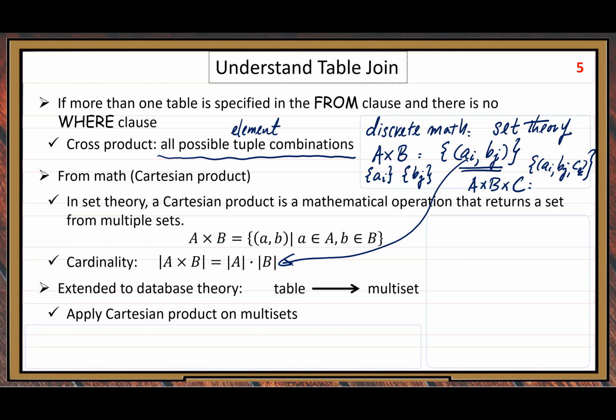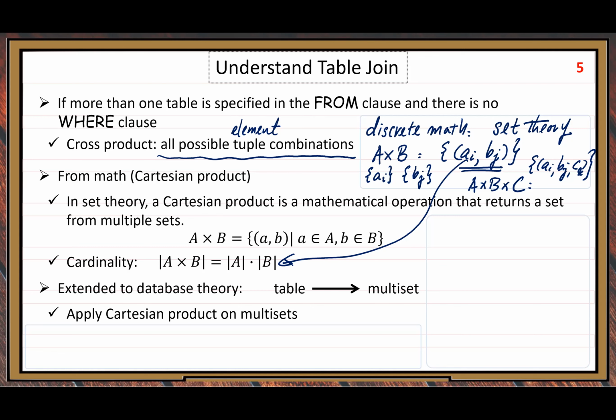Let me delay that a little bit; later we will answer this question. The multiset version of Cartesian product has different behavior, and we have to clarify the behavior details.